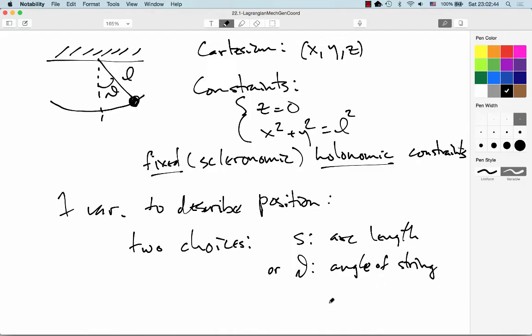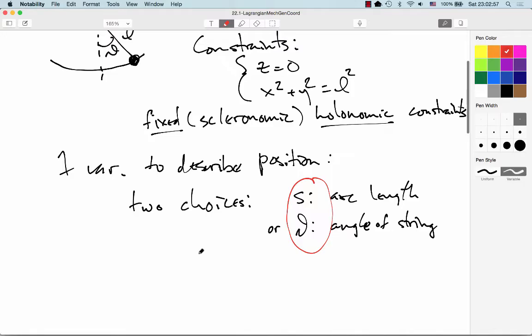likely with vertical. Either of these would be considered examples of generalized coordinates.